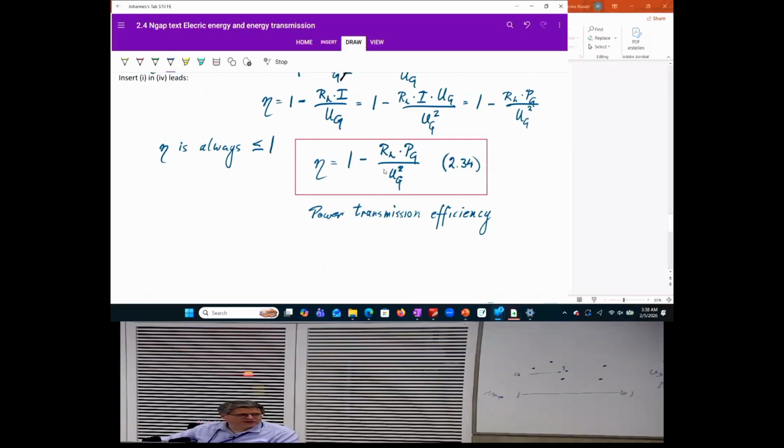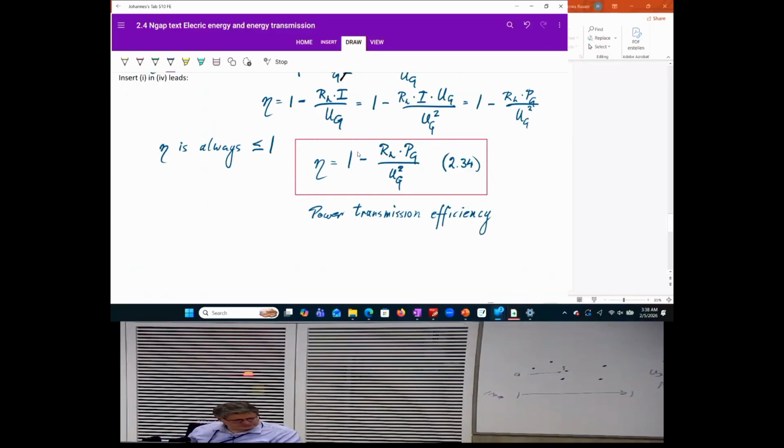And that is why for the distribution from the plant to the consumers, you have these distribution networks which have a very high voltage, because this high voltage allows you to reduce your losses in the distribution.